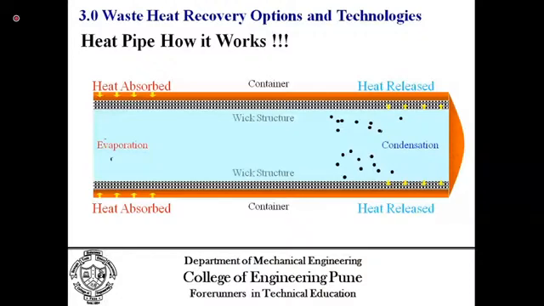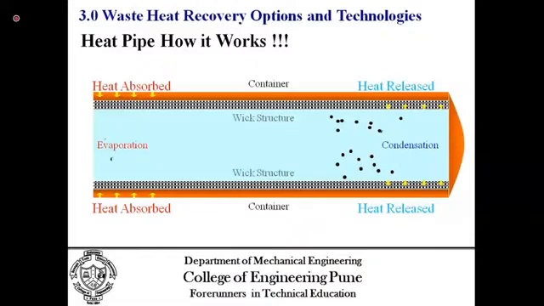Then this low temperature, high pressure fluid is allowed to pass through the expansion device. It is expanded to reach a very low temperature and low pressure. Then this low temperature, low pressure liquid-vapor mixture passes to the evaporator where it absorbs heat and gets converted to vapor, and again this cycle goes on.